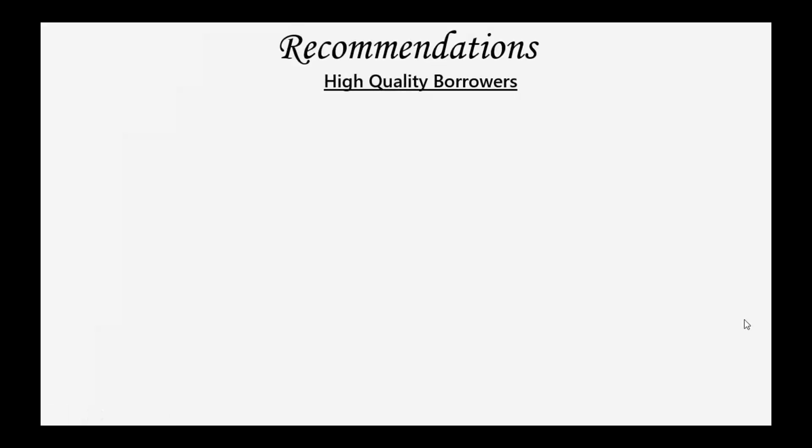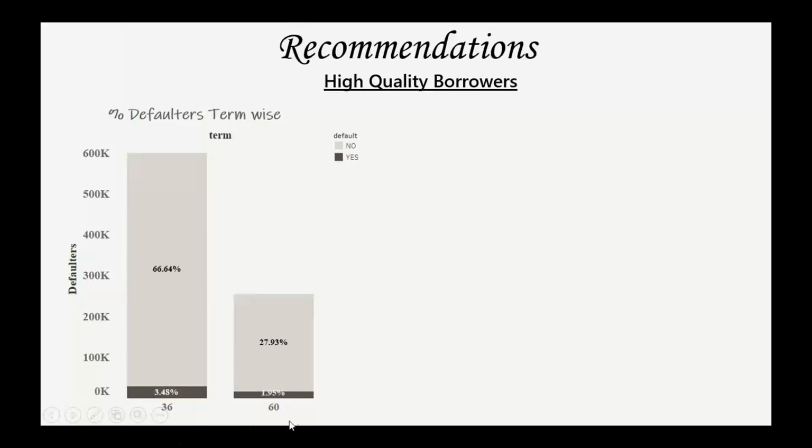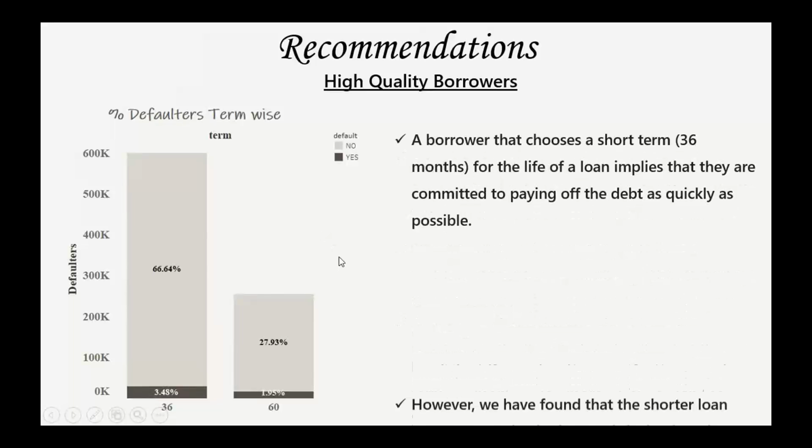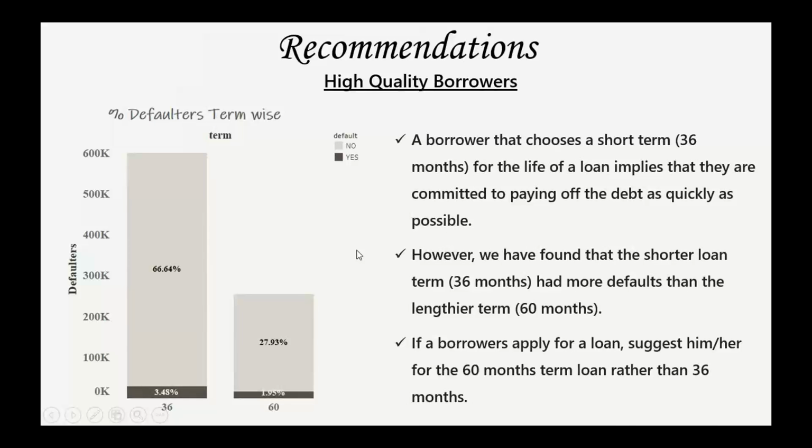So once we were done with all of this, we decided to try and understand the data more and try to frame some recommendations for the client to reduce the defaulters in some other way. So we looked at the data and we found out that more of the defaulters had their term plan set to 36 months.